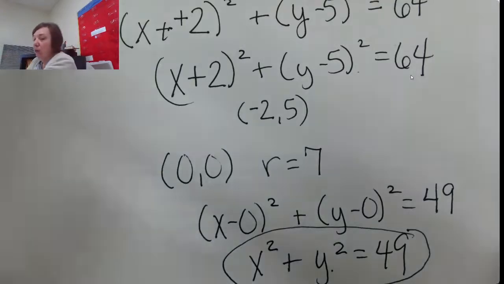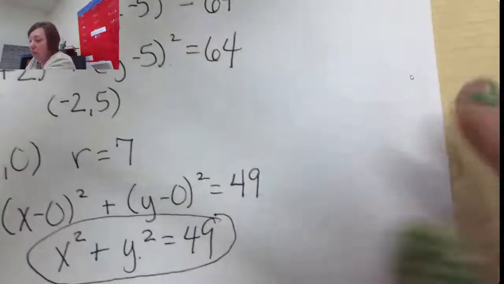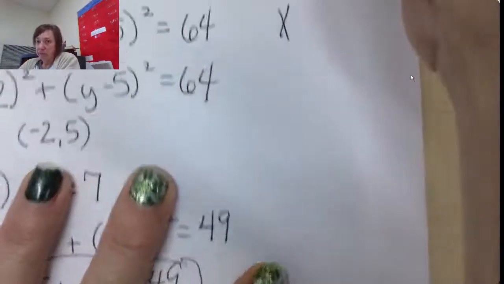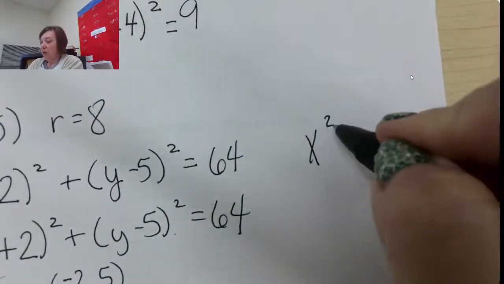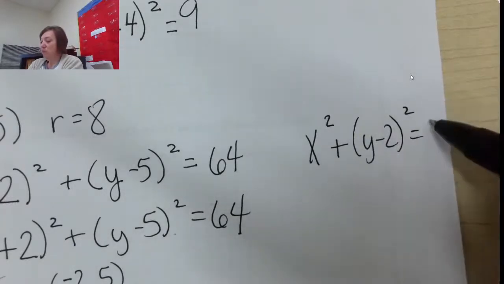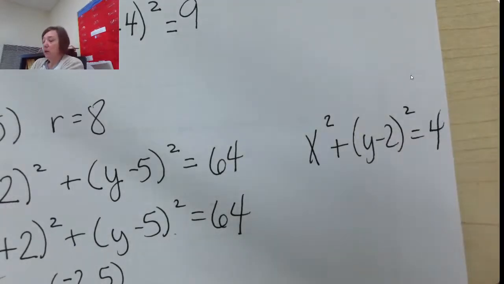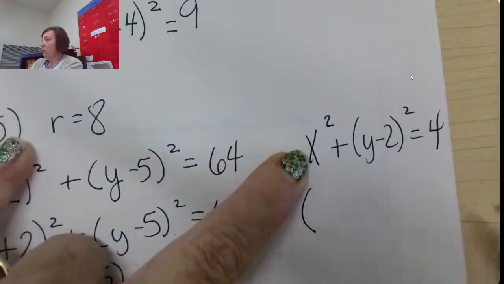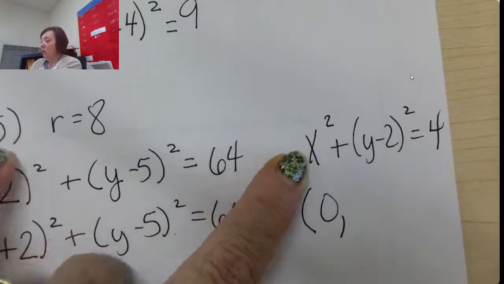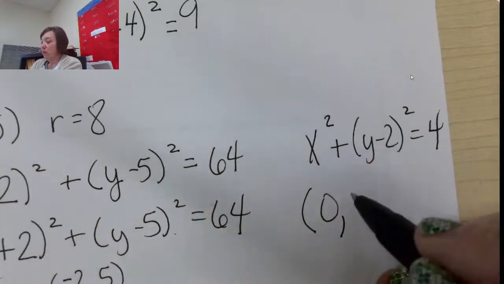You could have it where, let's say you have x squared plus (y minus 2) squared equals, say, 4, right? Your x value for your center is going to be 0. Your y value for your center is going to be 2.